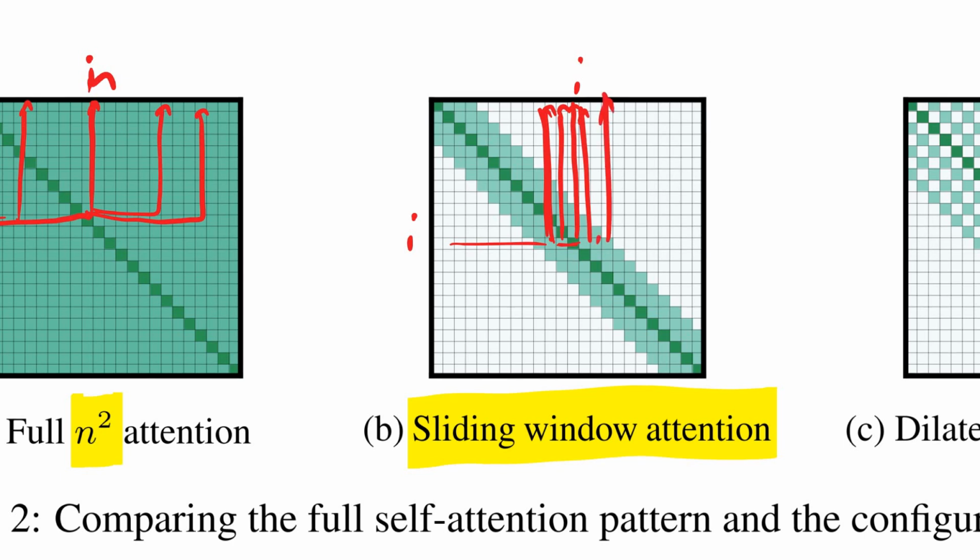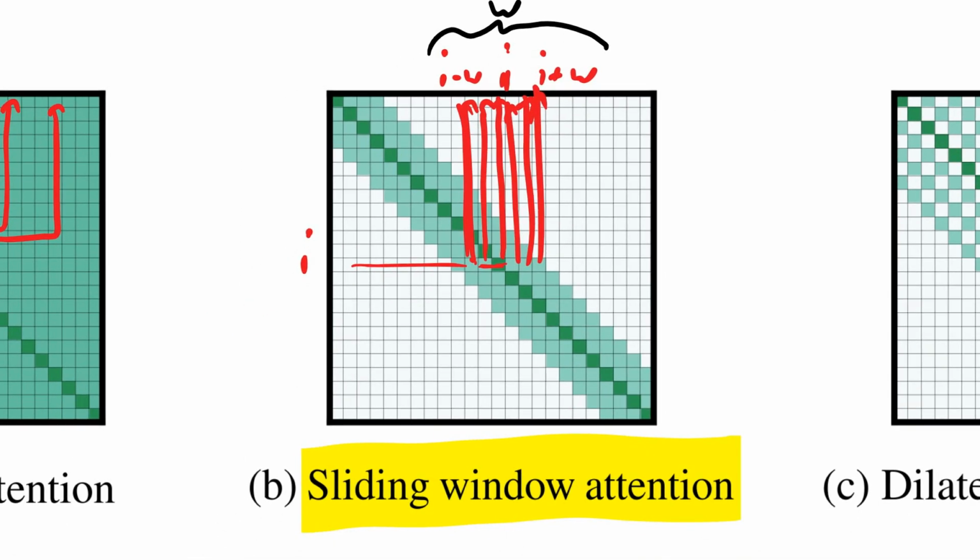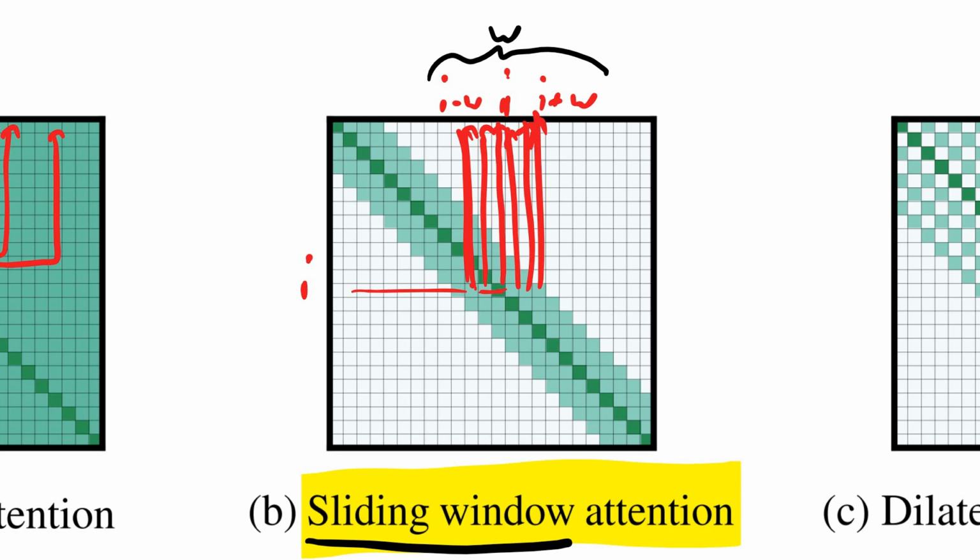It can only attend from i minus W to i plus W, right? And this here is a window of size W. This is the sliding window. So a given unit can only attend to itself or its neighbors in one layer, right? And this is exactly what a convolution is. If you see this pattern, this is a convolutional pattern.